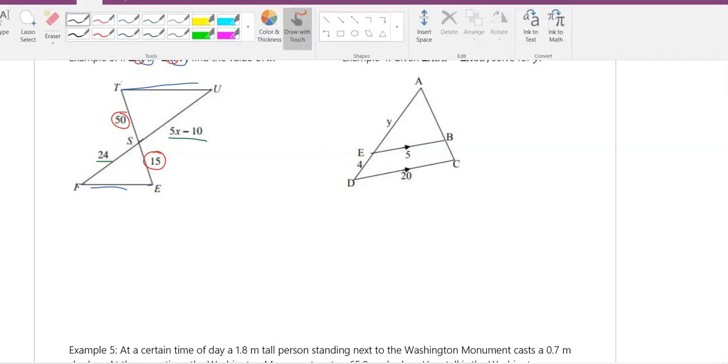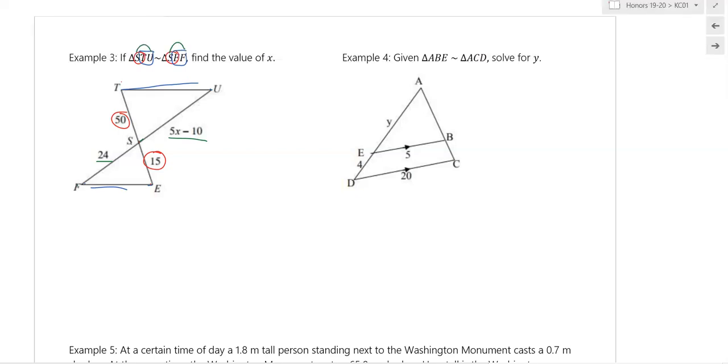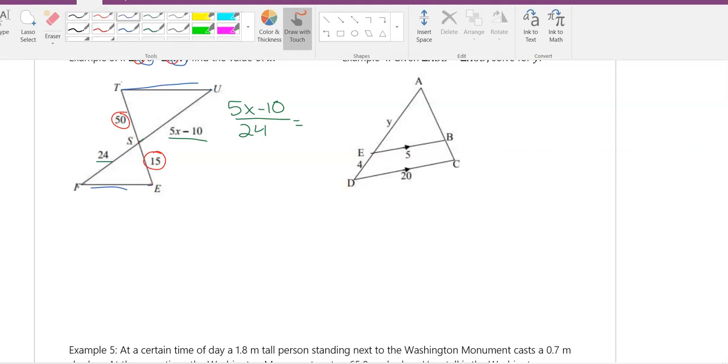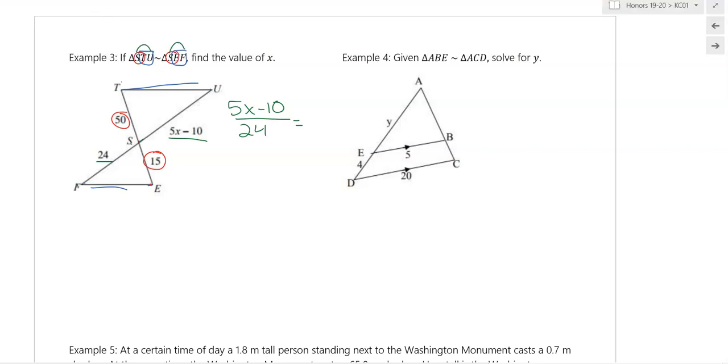So when I'm setting this up to solve for x, my x is here on this green one. So I have 5x minus 10 over 24 equals, and then I want to use my red sides because I have nothing on my blue sides. 5x minus 10 is in this top triangle, so I'm going to use 50 first over 15.